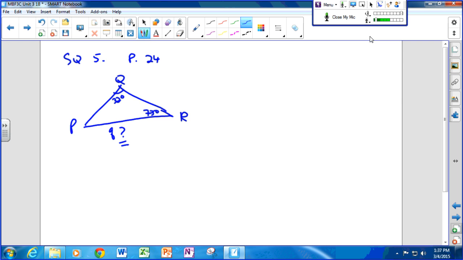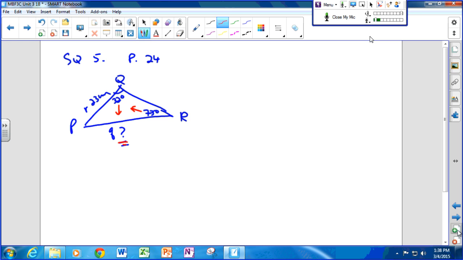And little r is 23 centimeters. Okay, let's see what we have here. So we need to find this one, and we have the angle opposite. That's good. We have enough stuff here. We have big R, and we have little r. Okay, so that's all we need.